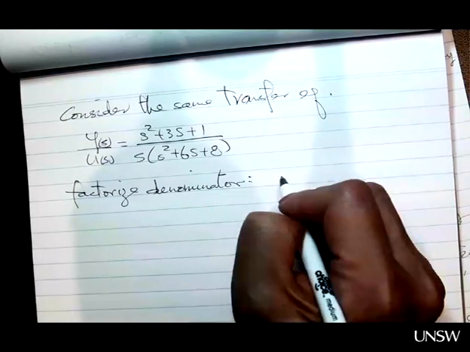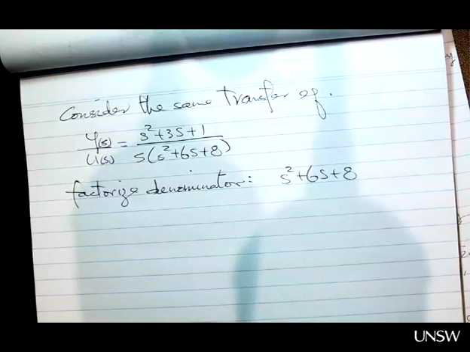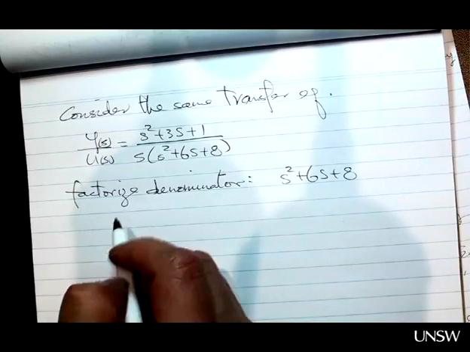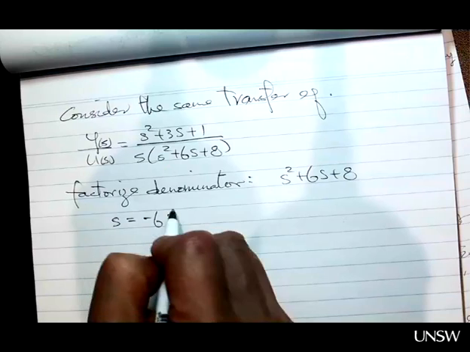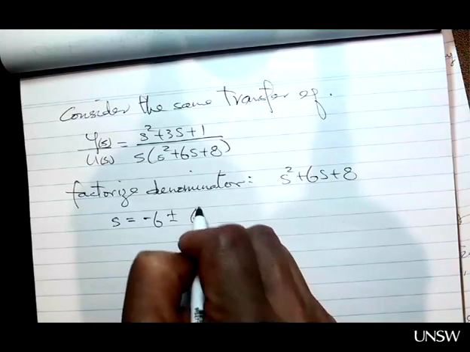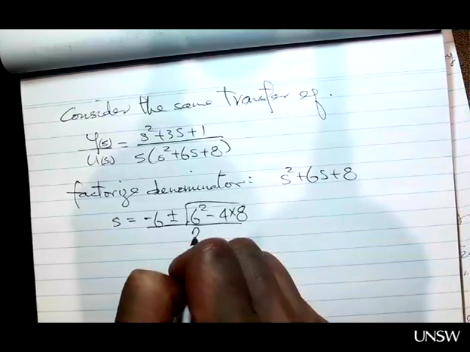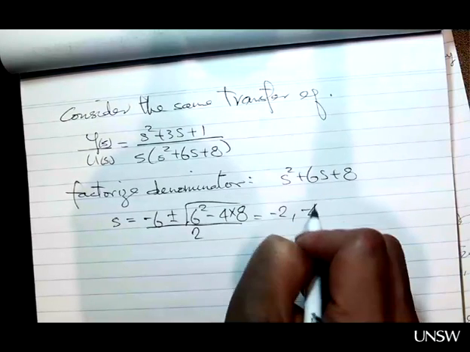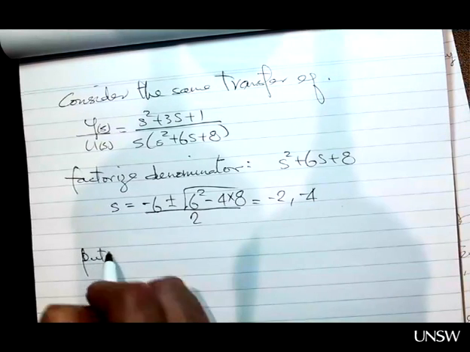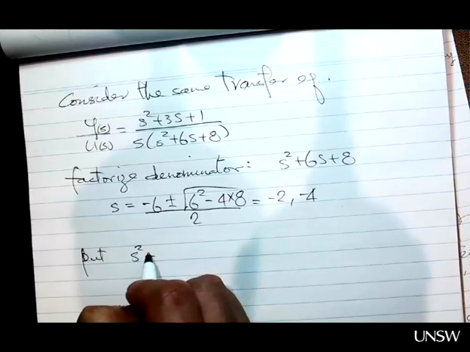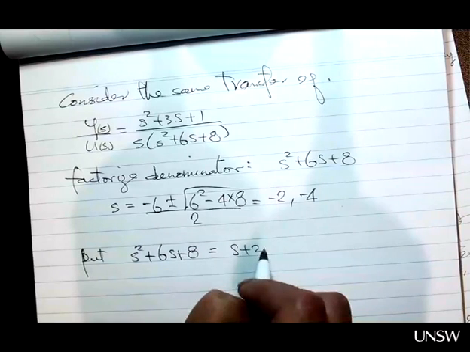The denominator is s squared plus 6s plus 8. Completing the square, we have minus 6 plus or minus the square root of 6 squared minus 4 times 8, then divided by 2. So it's minus 2 and minus 4. Then we put the denominator as s plus 2 and then s plus 4.